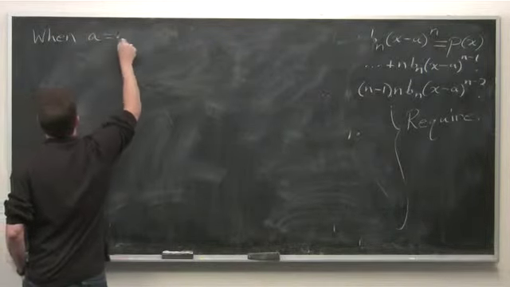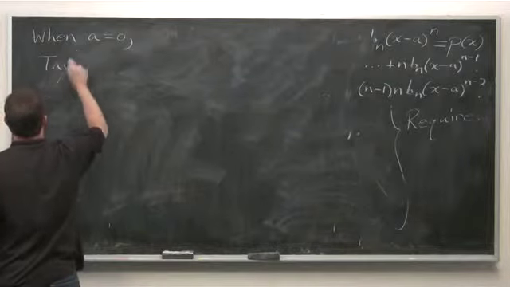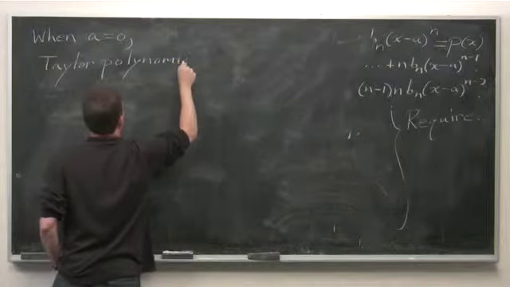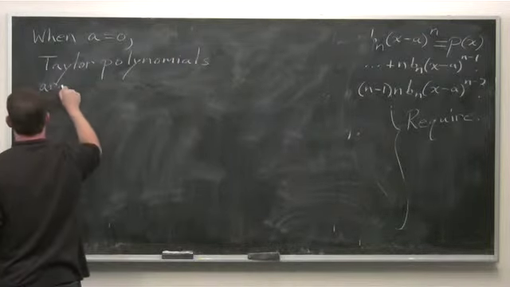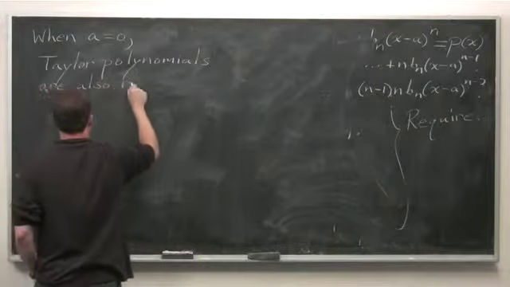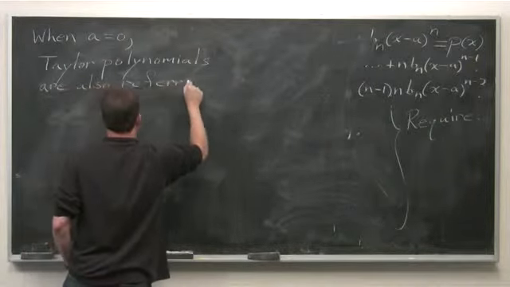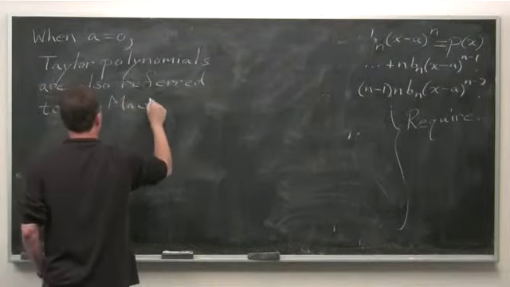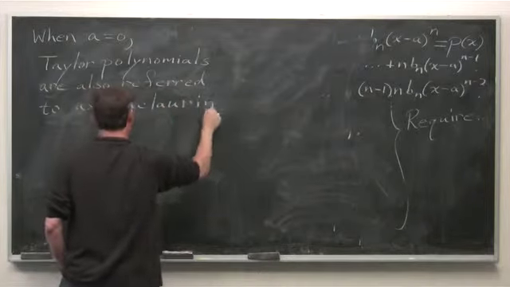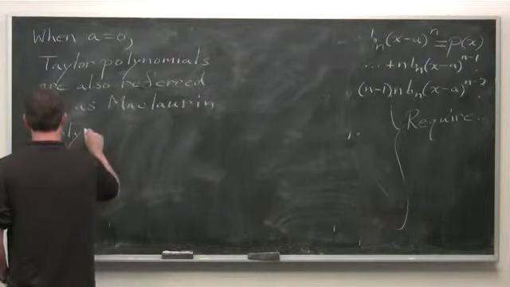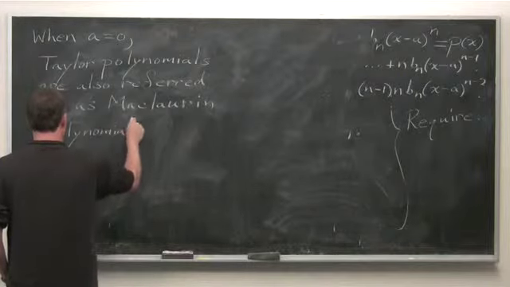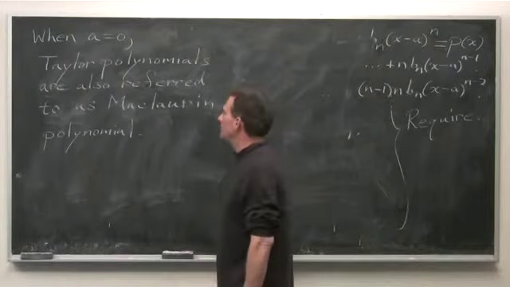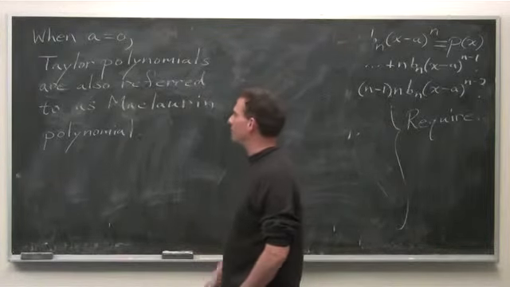When a is 0, Taylor polynomials are also referred to as Maclaurin polynomials. The advantage is that by saying it's a Maclaurin polynomial, you're telling someone it's centered at 0.